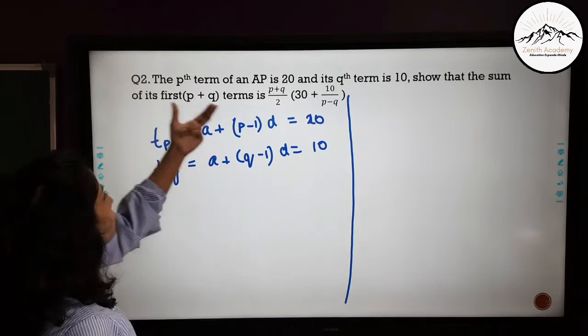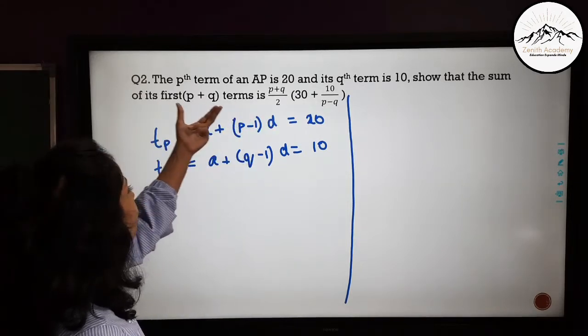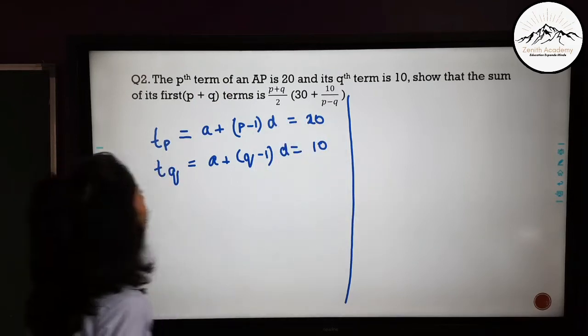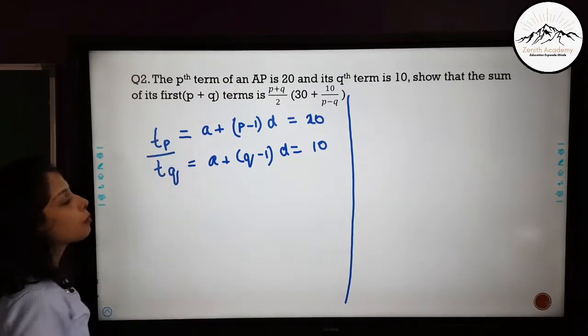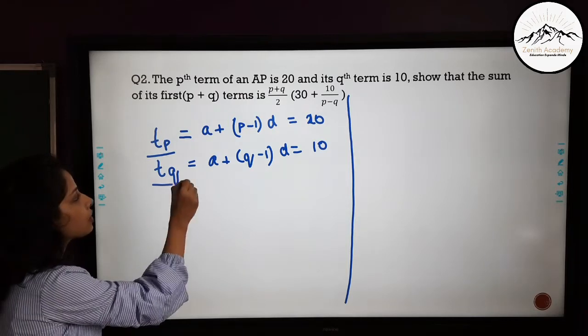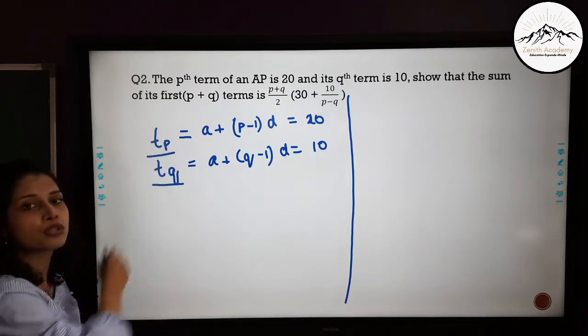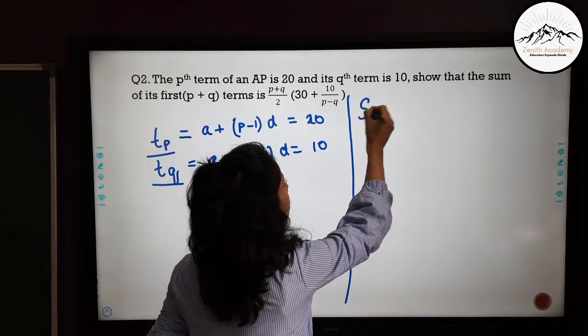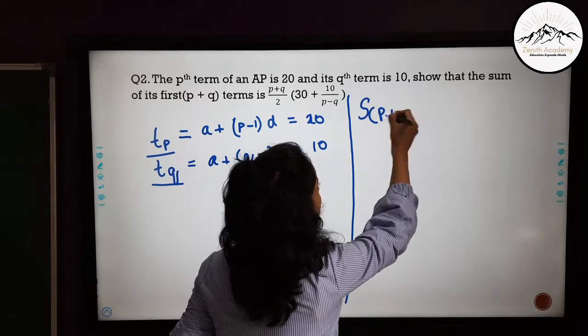Now what we need to prove is the sum of its first p plus q terms. Please understand that it is not the sum of pth term and qth term. That is, we just cannot find the answer by adding these two terms. What we need to find is the sum of p plus q terms.